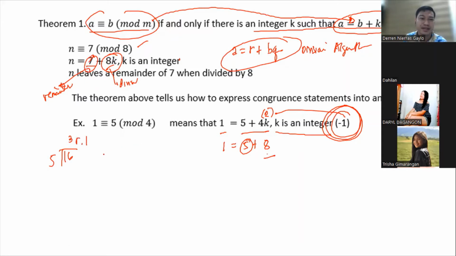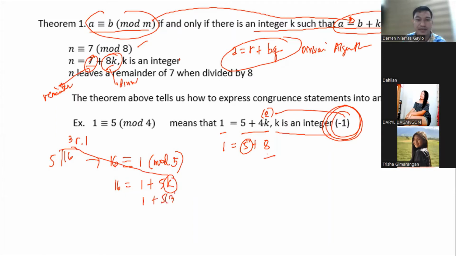So you can just write it like this. 16 is congruent to 1 modulo 5. Because it's like telling us 16 is equal to 1 plus 5k, wherein our k is the 3. Or it's just 1 plus 5 times 3. So it's just 16. So ingana iyang pasabot. No?